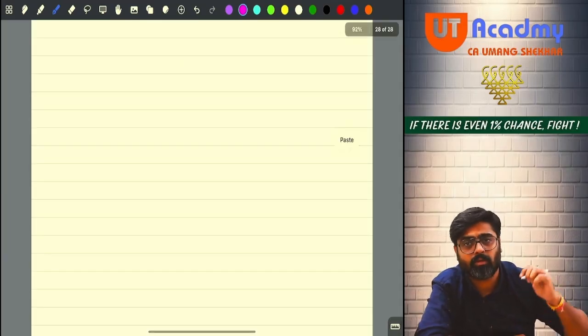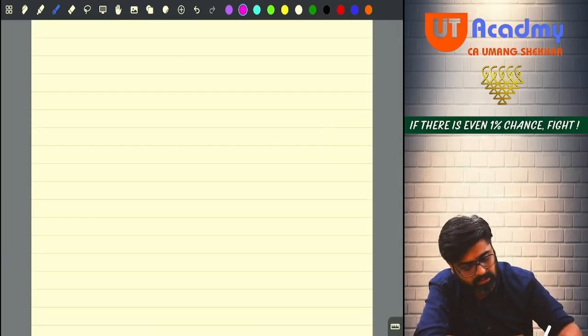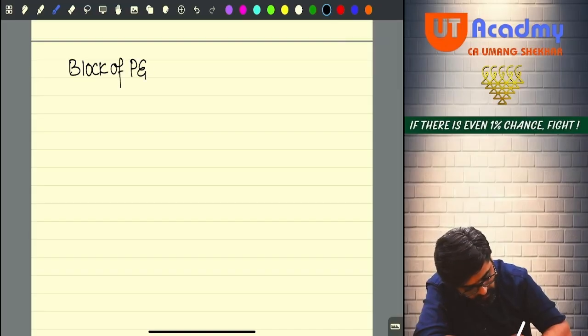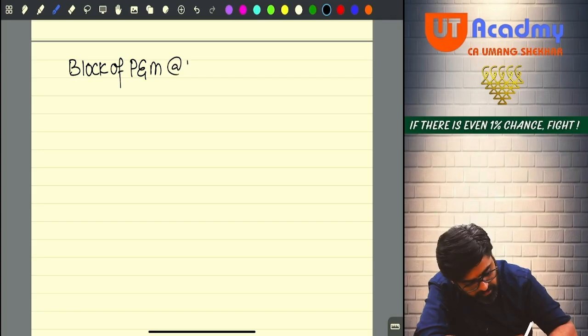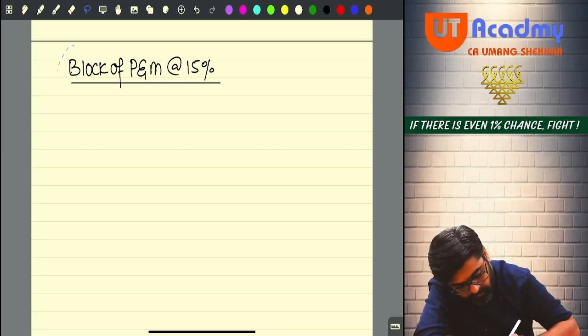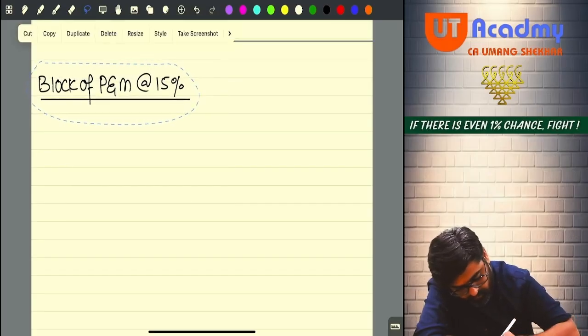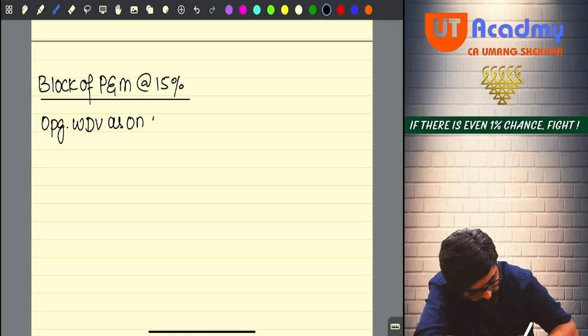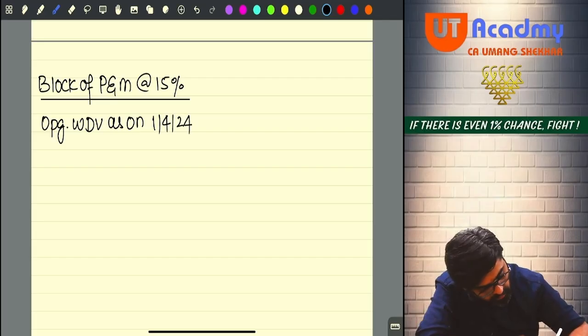Now let's come to that Singhania question. A block of plant and machinery is given, depreciable at the rate of 15%. The opening WDV as on 1st April 2024 was 8,50,000.